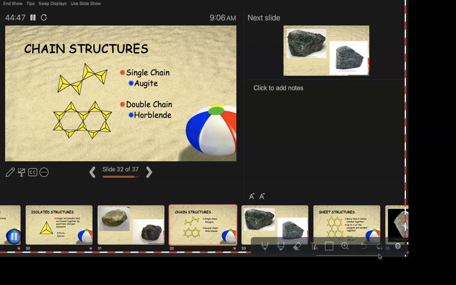Those are really strong bonds, okay? So we see then in our chain silicates that we've got single chain and double chain. You're sharing at least one oxygen bond there with another tetrahedron. We move to a double chain, and you're using up even more of your oxygens for bonding.